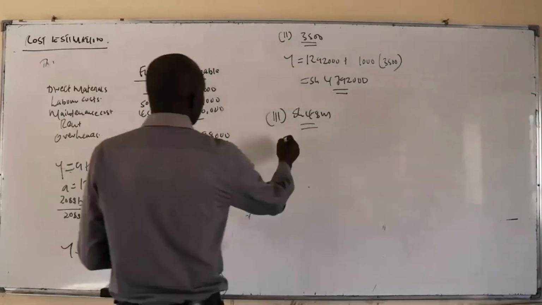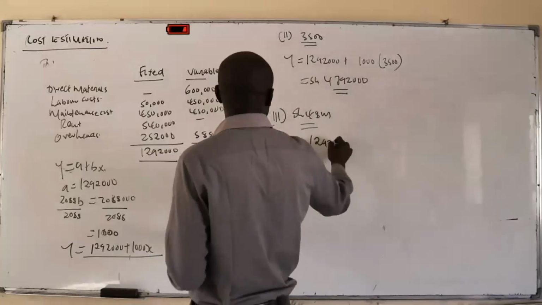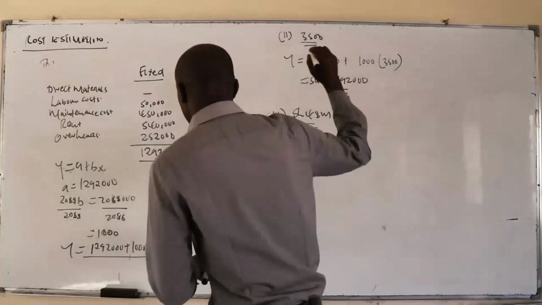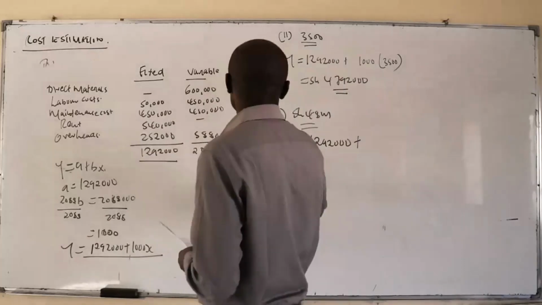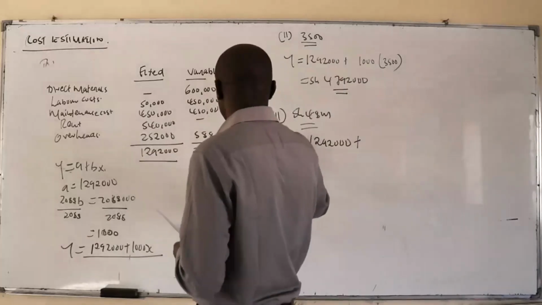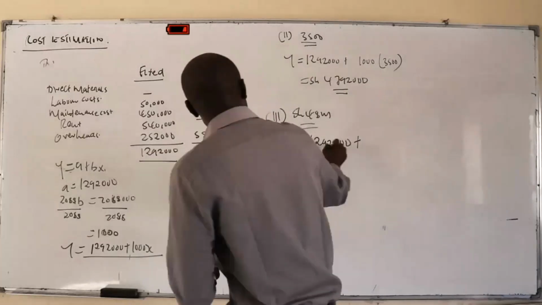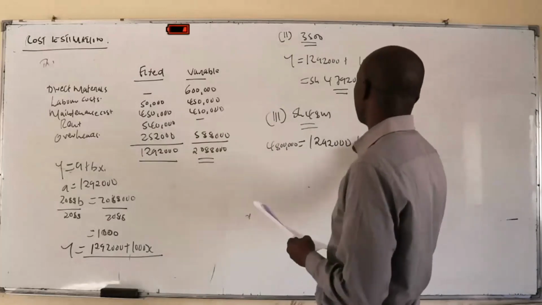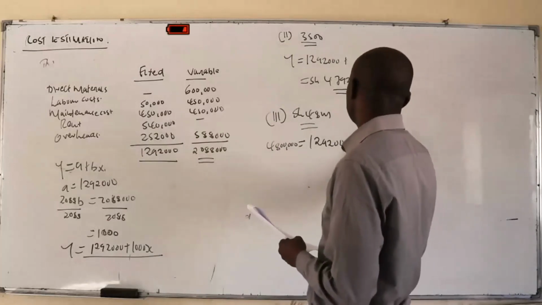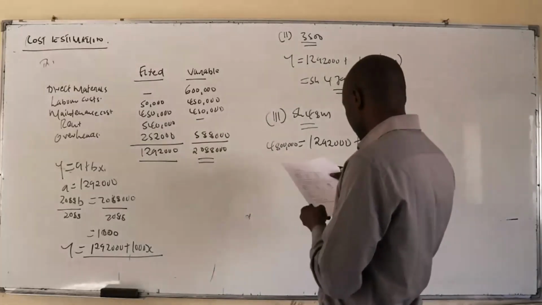So we're going to say here Y equals 1,292,000, we know this one is the fixed cost, plus 1,000x. Y is 4.8 million. So let us write 4,800,000 equals this plus 1,000x.